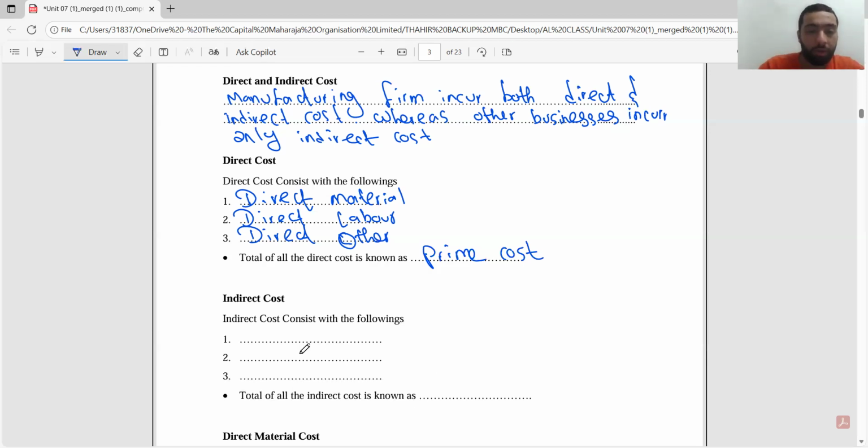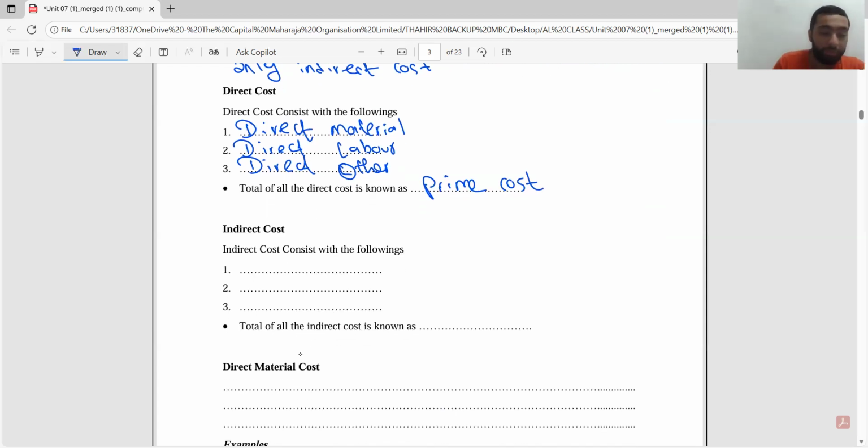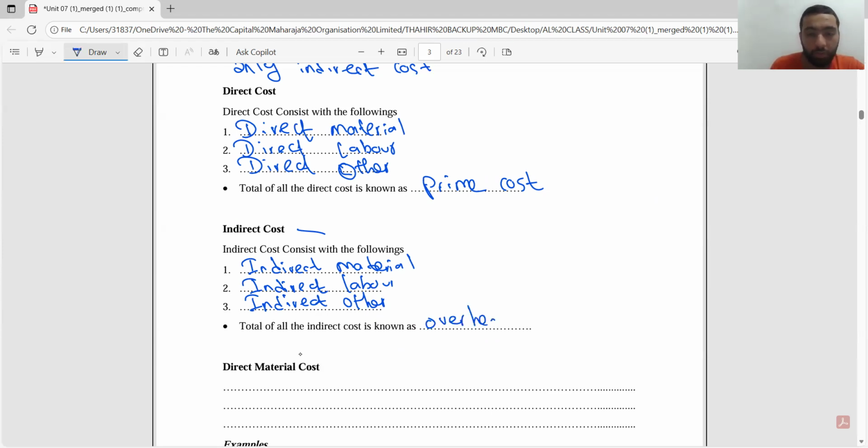Right? Okay. And then let's move on. This is also the same. Indirect cost is indirect material, indirect labor, indirect other. Total of all indirect cost is known as what? Overhead cost.